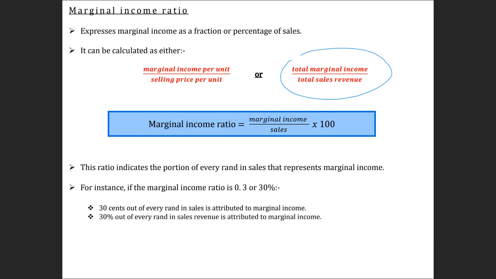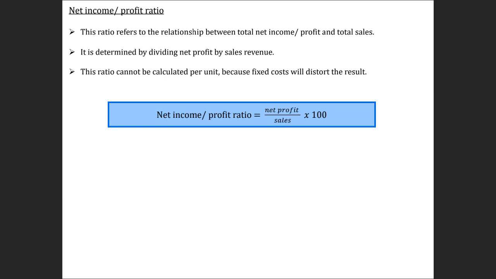So again here, if we get an answer of 0.3, for instance, that would mean that 30 cents out of every rand worth of sales is the marginal income that the business will make, or 30% of the total sales is the marginal income. Remember, the marginal income is calculated by taking your sales and subtracting all of the variable costs, and then whatever remains then is your marginal income. So we're going to use those as well in our calculations.